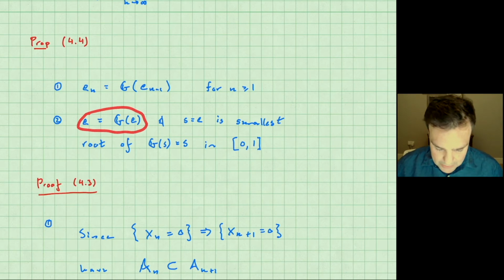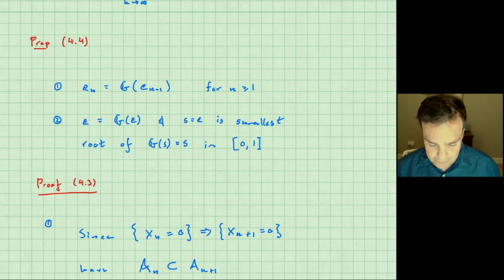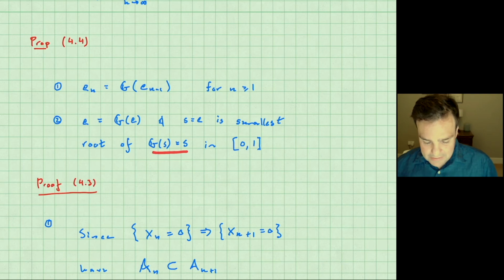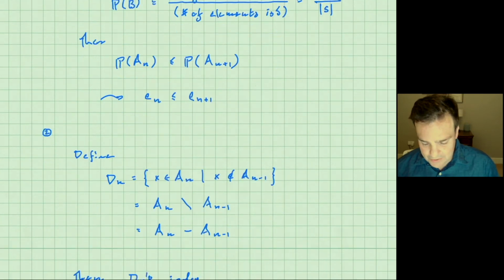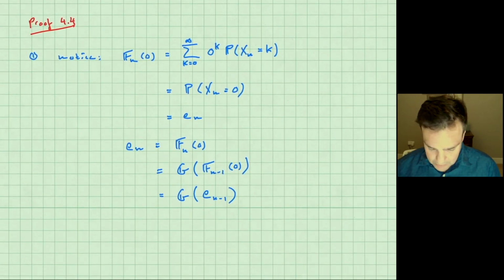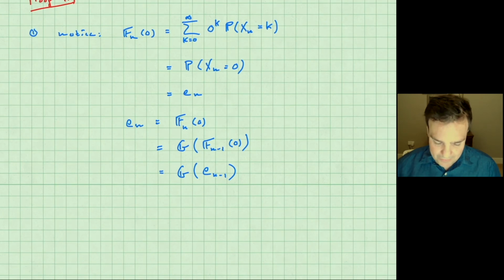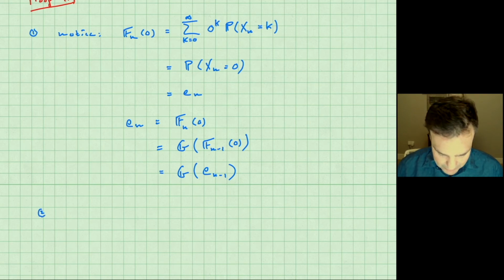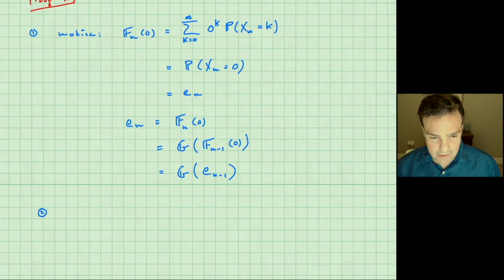We want to show that E is equal to the PGF for the offspring evaluated at E, in such a way, and this is the little bit delicate part, that E is the smallest solution to this thing in the interval 0 to 1. Now part of that is trivial. E is a probability, so it's definitely in the interval 0 to 1, and so I won't bother with that bit. That's guaranteed. But let's see how we do this proof.